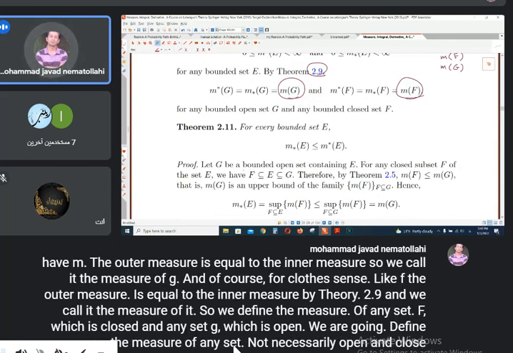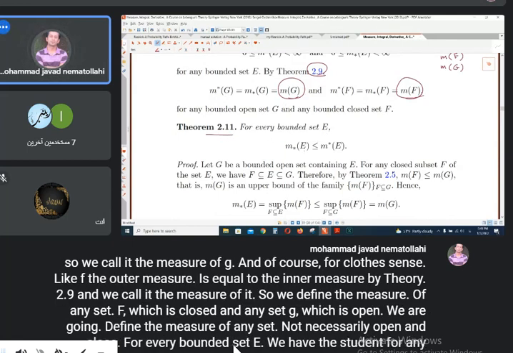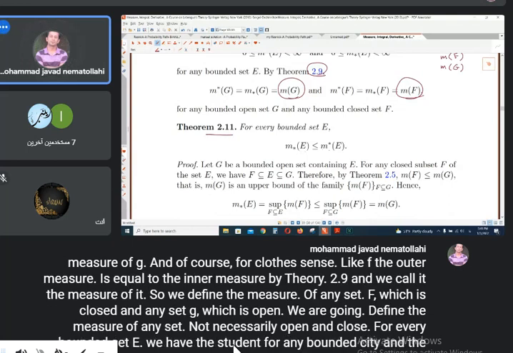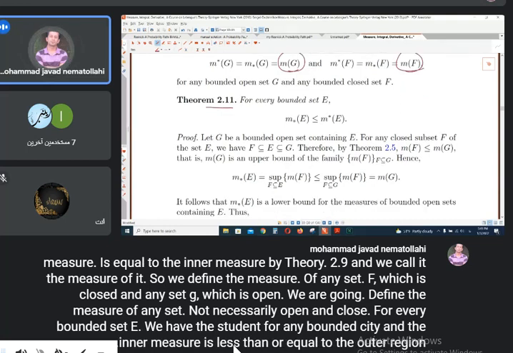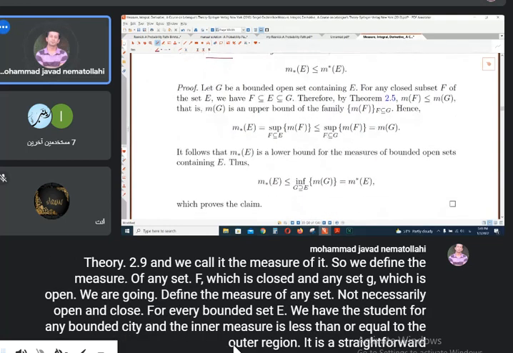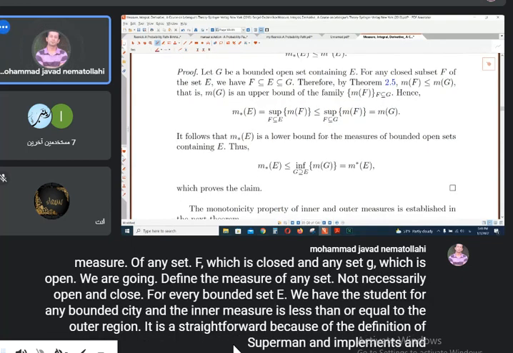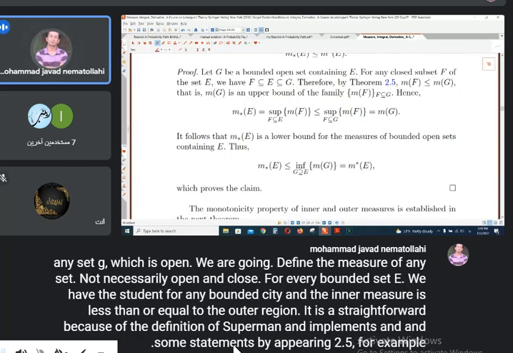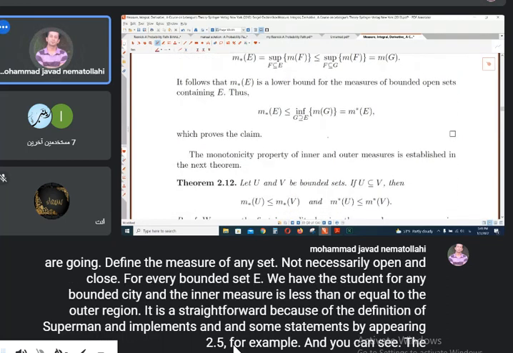For every bounded set E, we have this theorem: the inner measure is less than or equal to the outer measure. It is straightforward because of the definition of suprema and infima, and some statements by theorem 2.5, for example, and you can see the proof here.